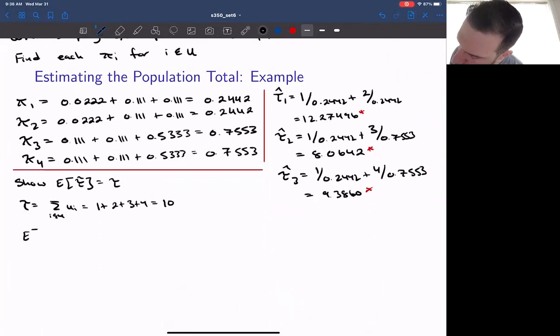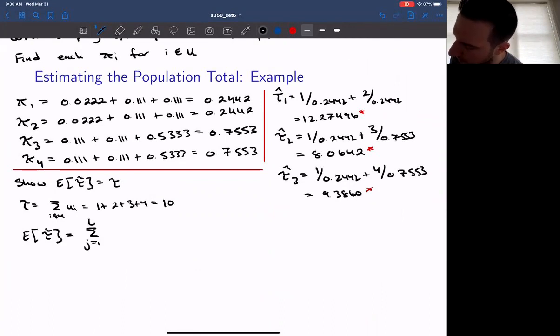And then the expected value of tau tilde will be the sum from j equals 1 to 6 of the tau j hat multiplied by the probability of observing each sample.